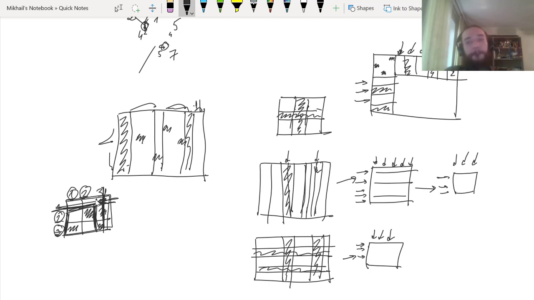Yeah, it appears to be the case. So that's what I was talking about here. This is the remaining part, and this is the L shape, sort of, that we have erased.